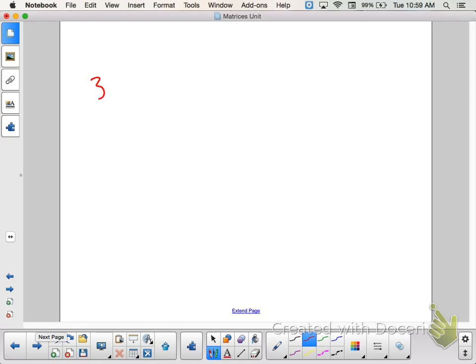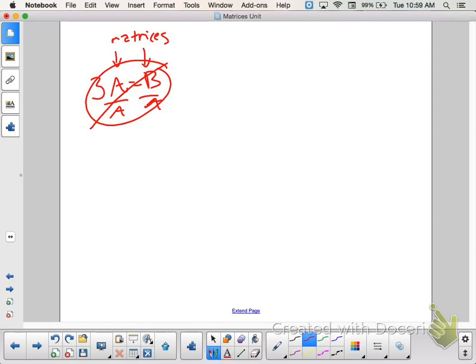So let's say I have something that looks like this. And these are matrices. Problem is we can't divide matrices. If I told you I have 10 apples and I want you to split them between 5 people, however, you can't divide numbers, so you can't divide 10 by 5.